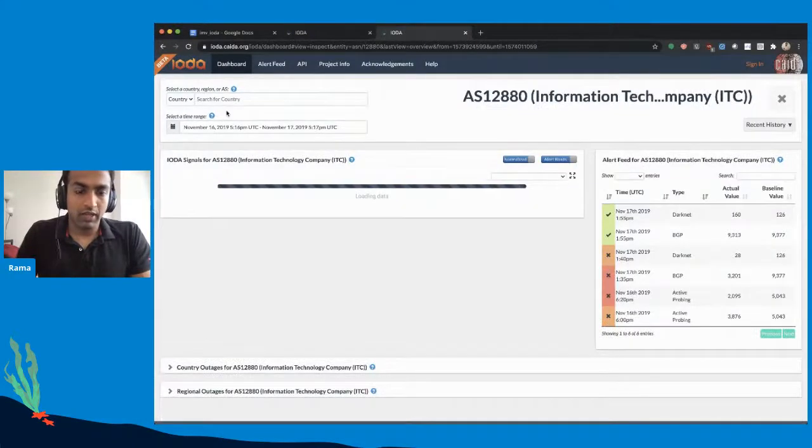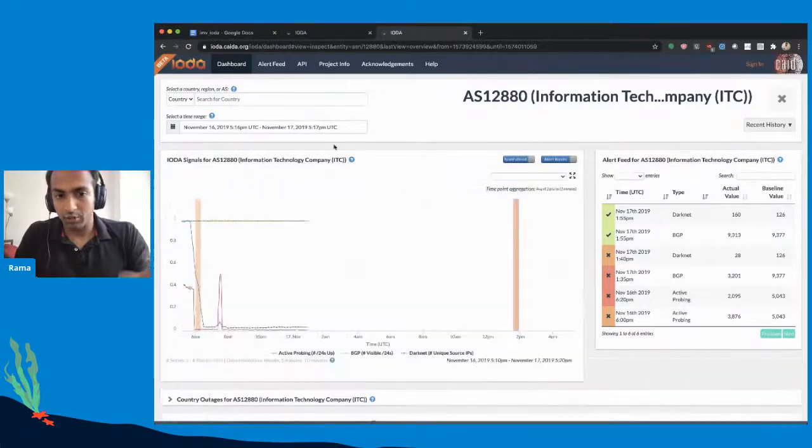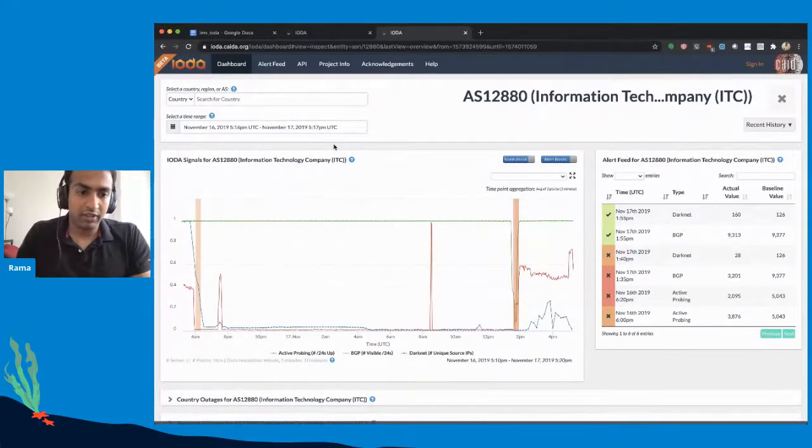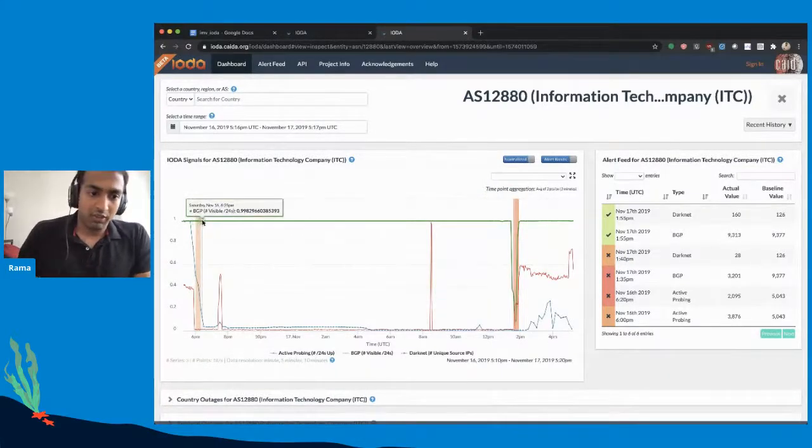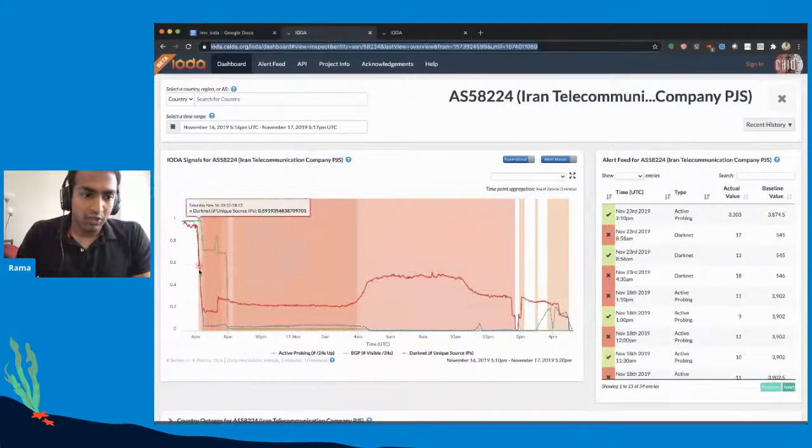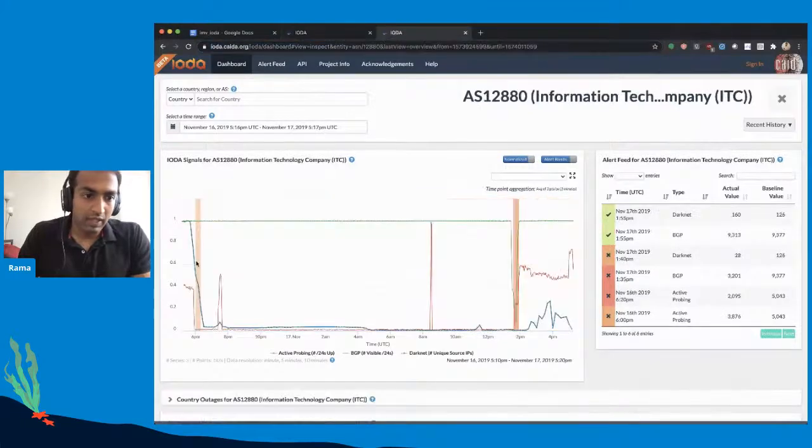Let's look at this for the same time period. Let's look at how the IODA signals were affected. And you'll see one stark difference and some similarities. Similar to the previous AS, the outage itself seems to have begun at around the same time, November 16th at 6 p.m. And here also, that is when the outage appears to have occurred in 2 of the data sources.